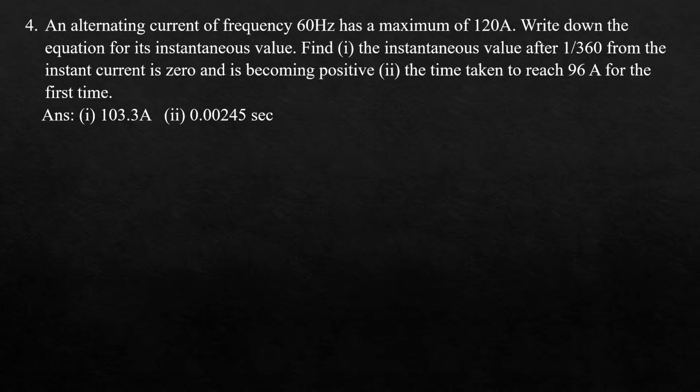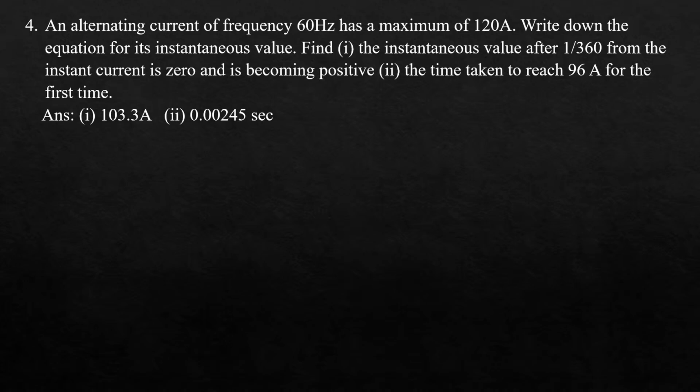So, an alternating current has a frequency of 60 hertz and a maximum of 120 amperes. You write down the equation for its instantaneous value.